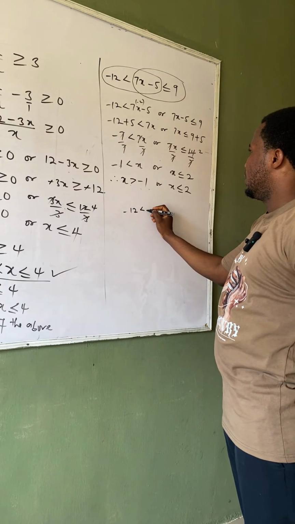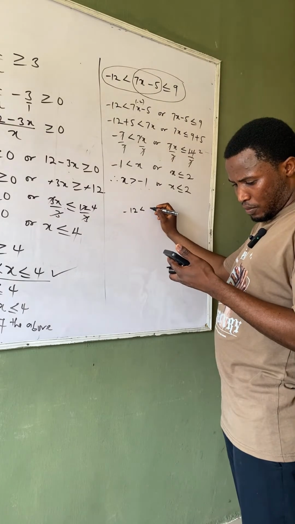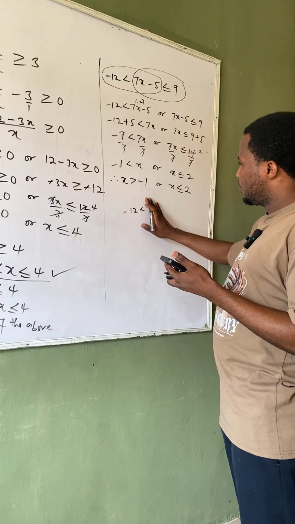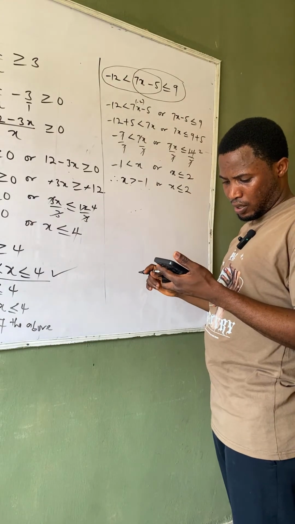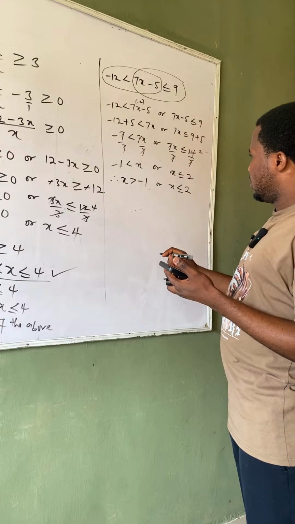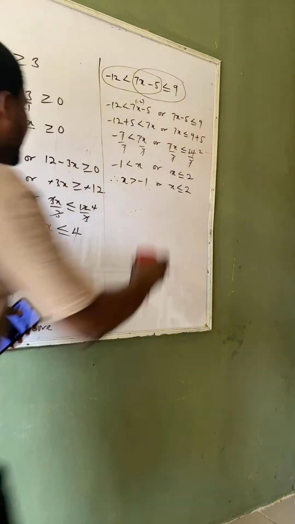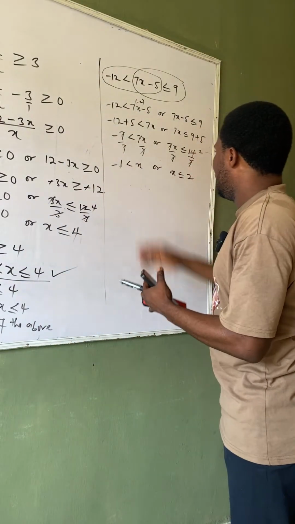less than... sorry, let me confirm properly. No. I think there is a... wait, hold on. Excuse me. I think I can do it better here. Let's join this together.